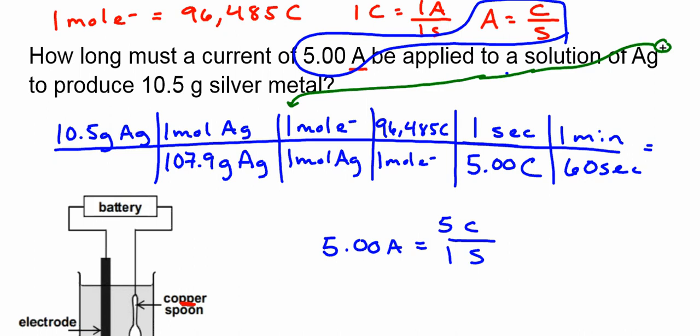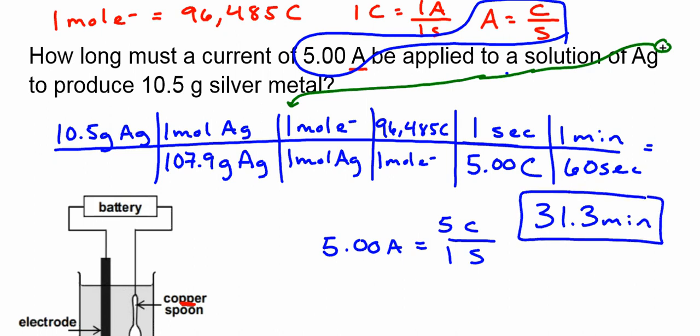And then I calculate it out. Got 31.3 minutes. That's how long it's going to take to plate that much silver onto my piece of metal. My spoon in this case.